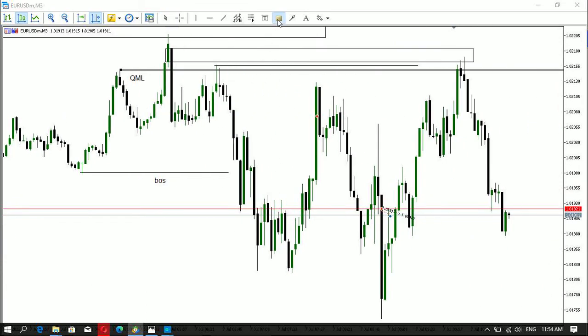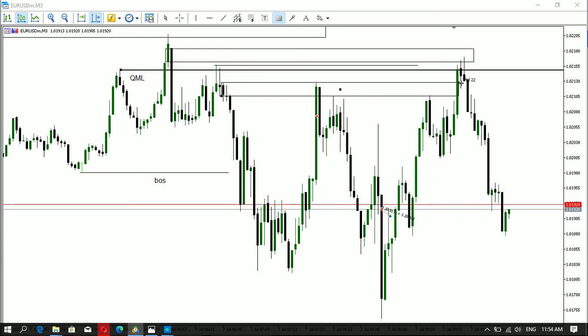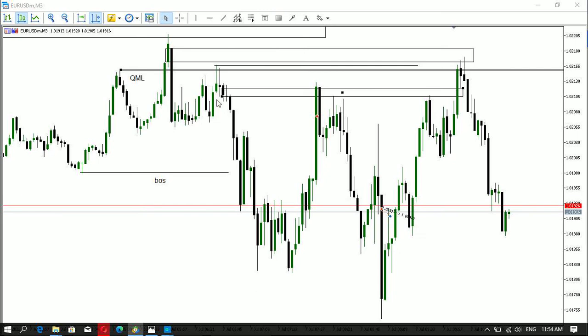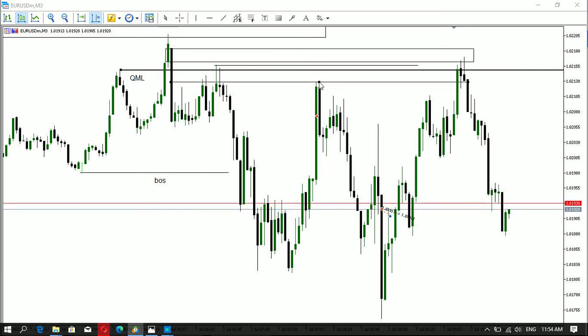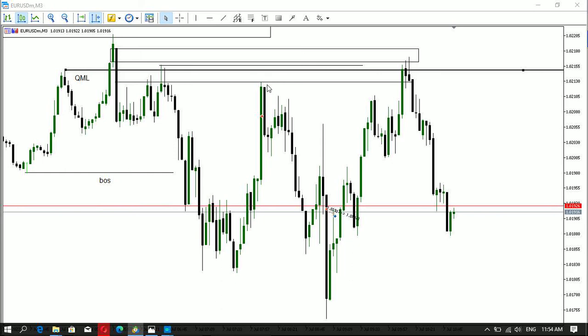Now looking here, you can see that we also have a point of resistance here. We do have points of resistance here where we have liquidity resting. So this is a fake out zone. This is an area of resistance. We have the buy side liquidity here.